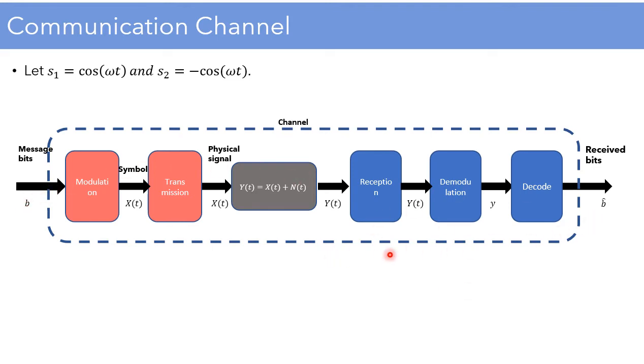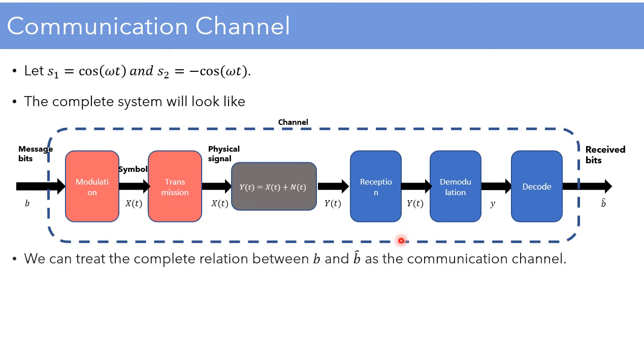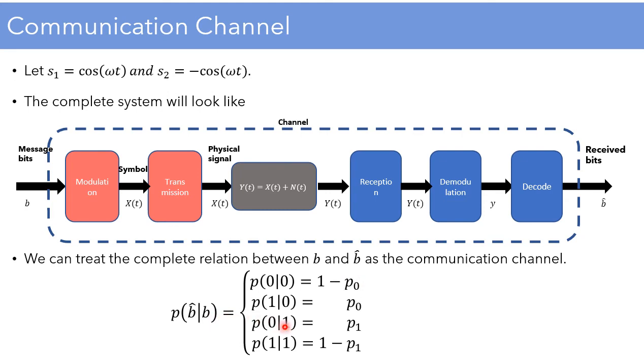In that case, the channel will be represented by the relation between b and b hat, which is the following. Given b equal to 0, b hat is 0 with probability 1 minus p0, and b hat is 1 with probability p0. Similarly, given the transmitted bit is 1, the received bit is 0 with probability p1 and 1 with probability 1 minus p1.